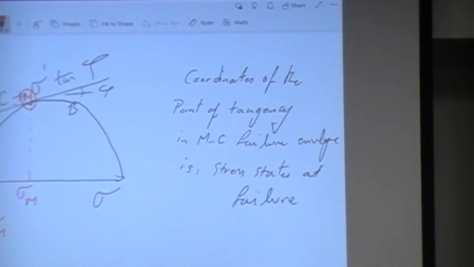So what do I see here? I see that there is a combination between sigma and tau that resulted in the failure of the material.